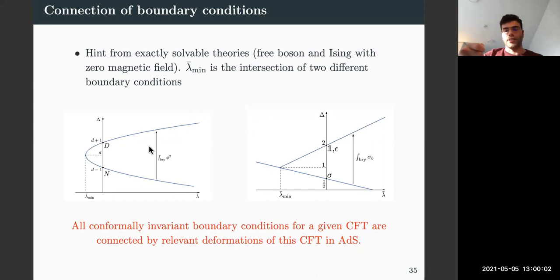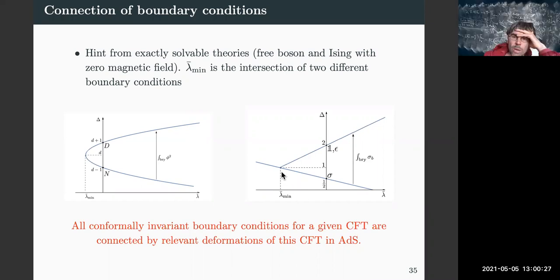So that's the reason that this point is, yeah, that thing happens. So what we expect is that the boundary operators that are living there will not be at this point. There are going to be some marginal operators that happen. So that's what we expect.